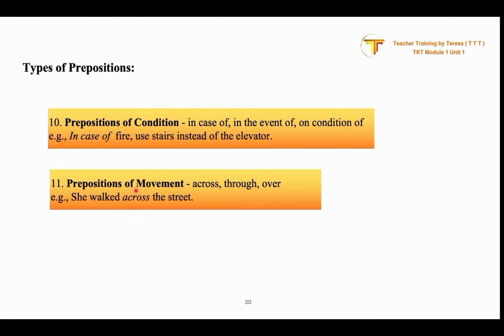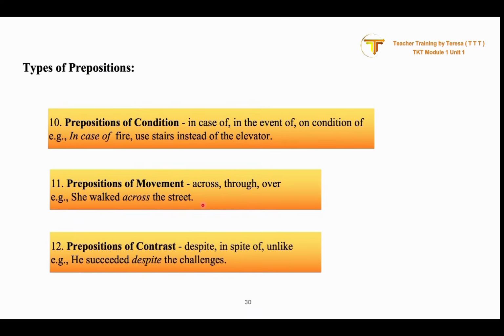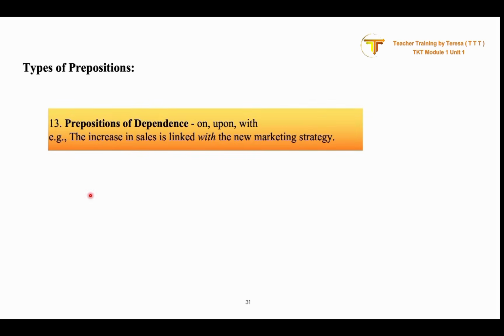11. Prepositions of movement: across, through, over. She walked across the street. 12. Prepositions of contrast: despite, in spite of, unlike. He succeeded despite the challenges. 13. Prepositions of dependence: on, upon, with.